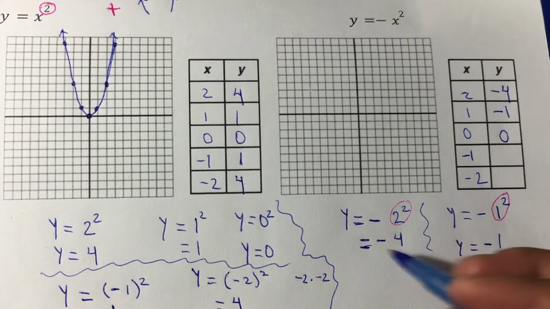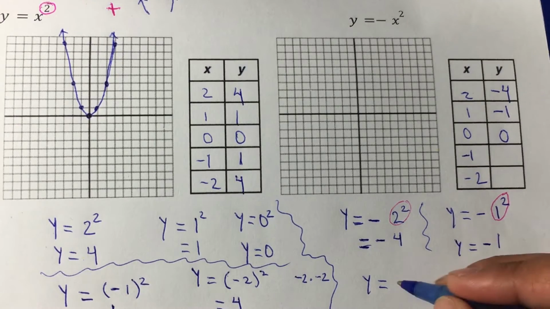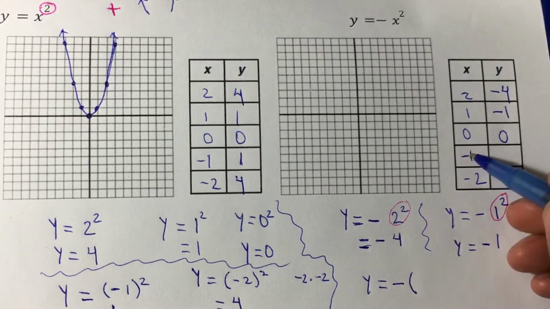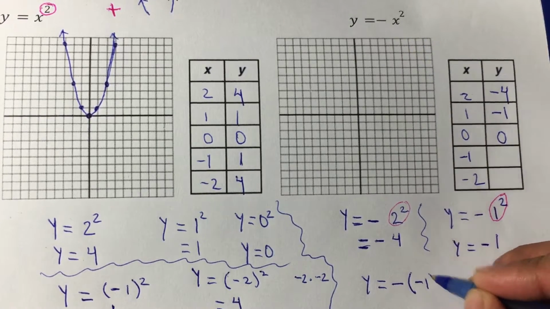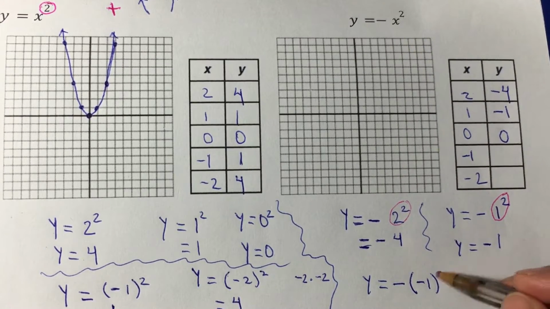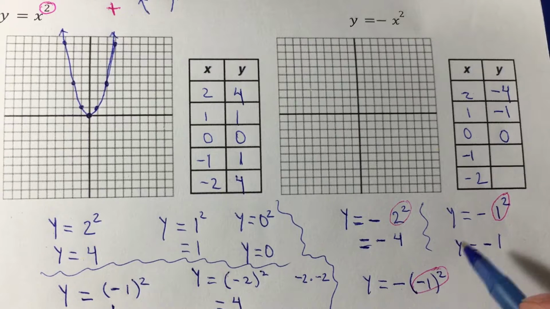And then for the next one, y is equal to negative. Because this is a negative for the value of x, we put it between parentheses, square that, and remember, we're always going to square that first. A lot of people will confuse it with negative times negative positive, or two negatives together make a plus.